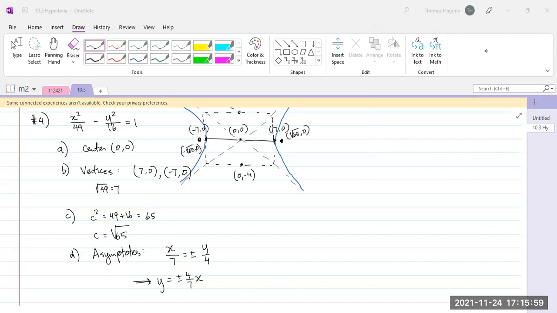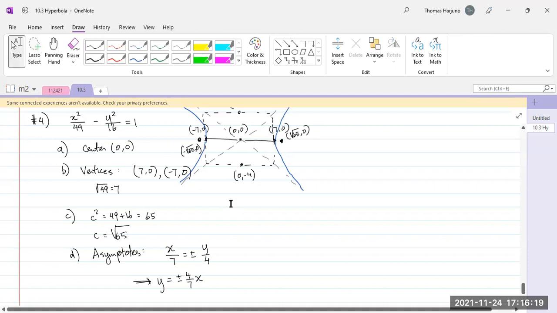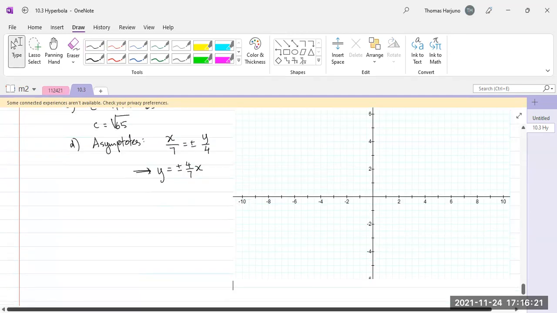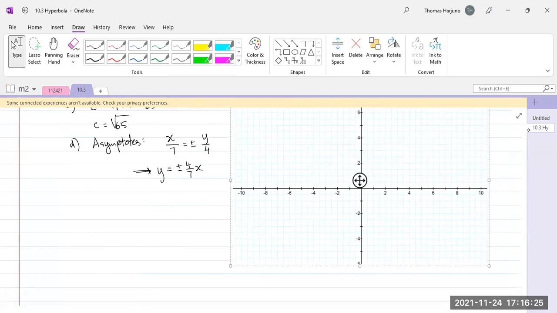The devil is in the detail though. Let me put the coordinate system here. Okay. Make it a bit smaller so that it fits into the picture.